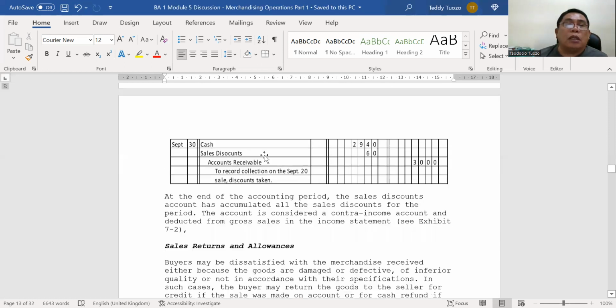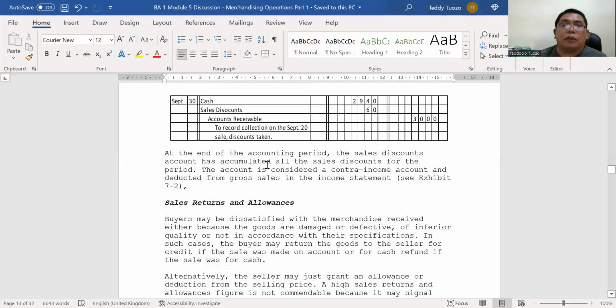Subsequent collection would be debit to cash, debit to sales discount, and then credit to accounts receivable. Of course, we close the accounts. The debt is 3,000, although what we received is only 2,940 because of the buyer's enjoyment of the sales discount.